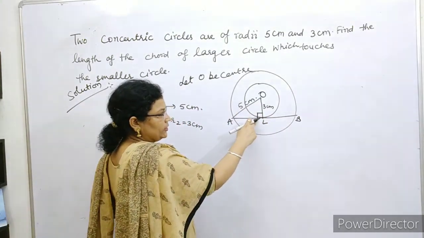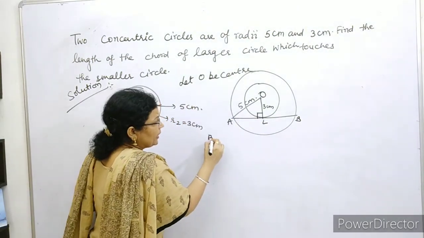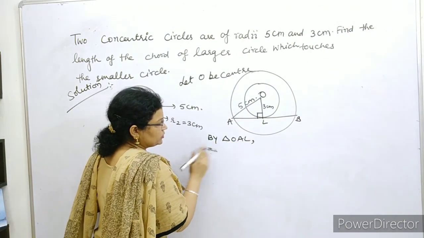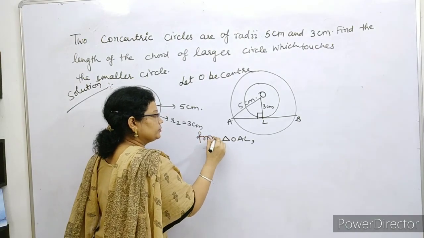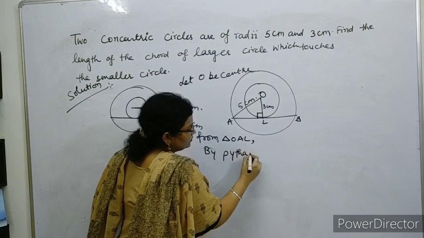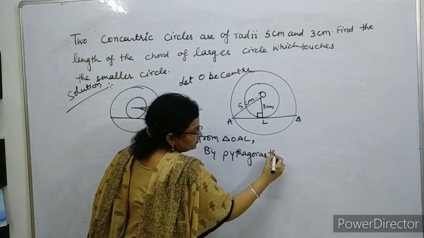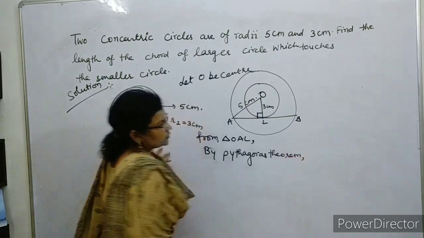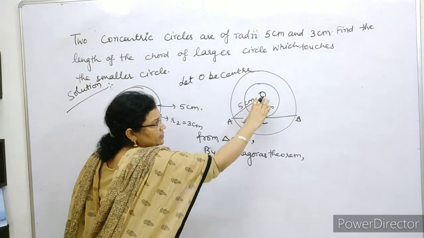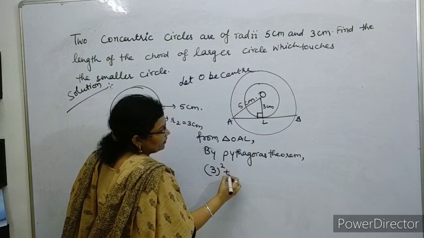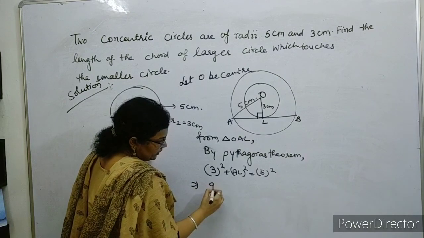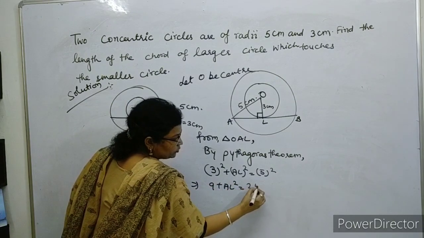If the angle is 90 degrees, now we can see that by triangle OAL, by Pythagoras theorem, now we know that if this is the hypotenuse, this one is the base, so now we can do that. 3 square plus AL square equal to 5 square. 9 plus AL square equal to 25.